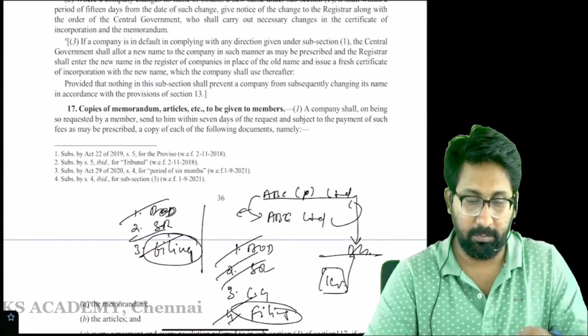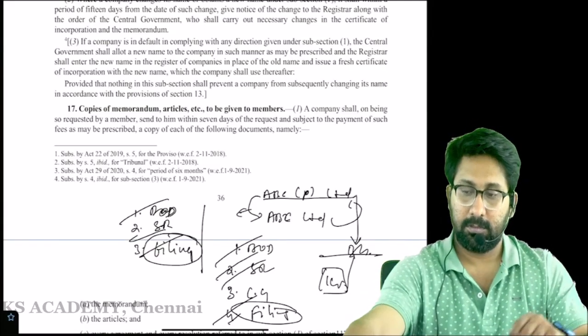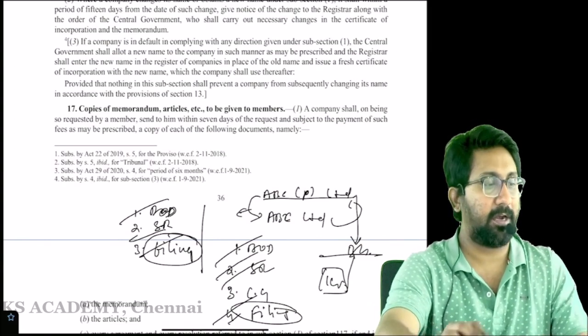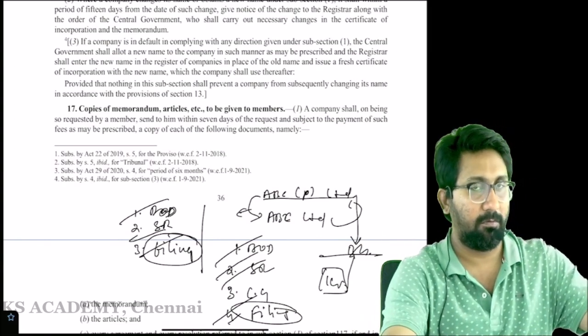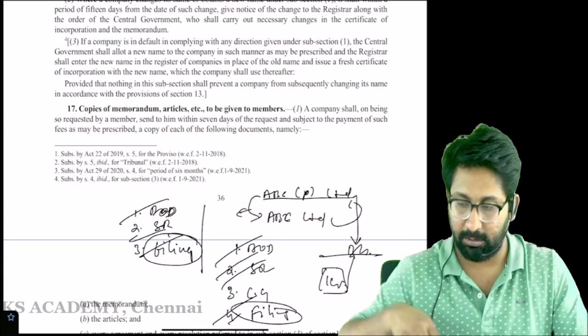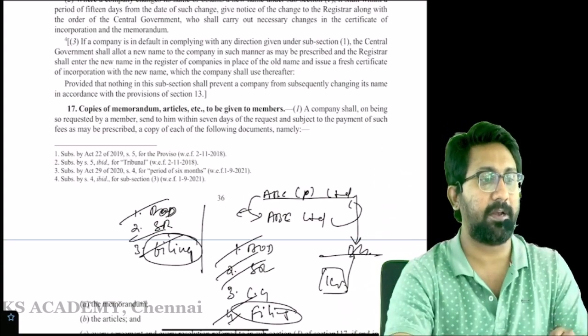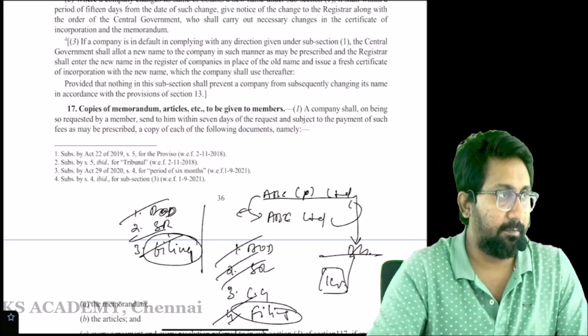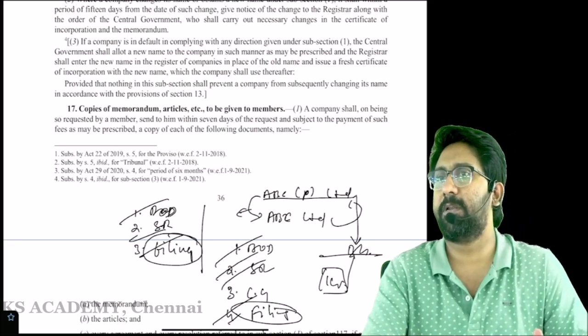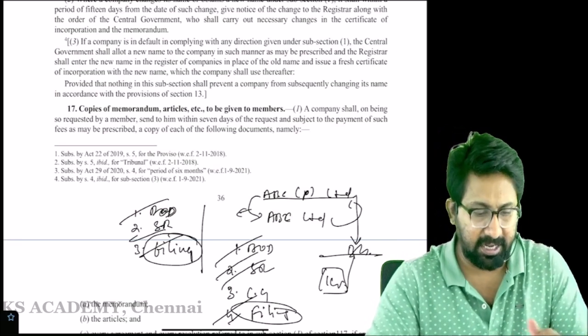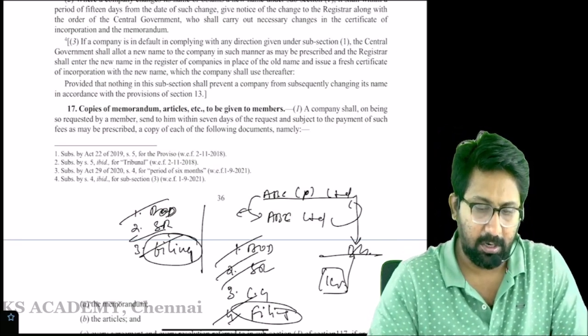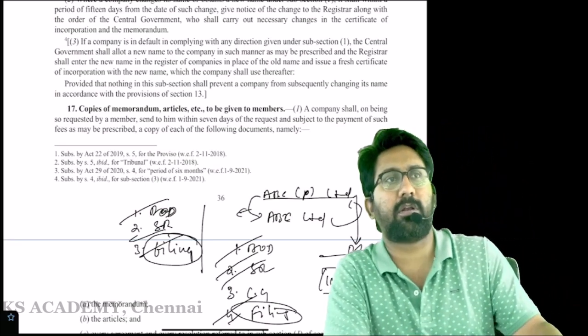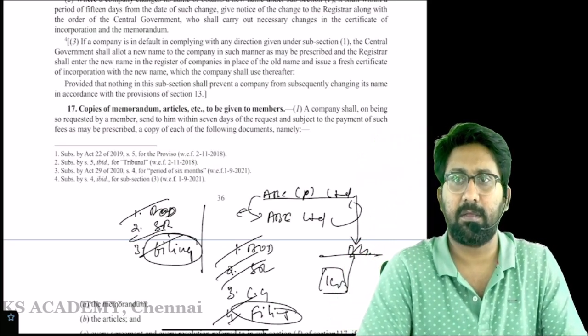So let's continue. Before the break, we completed sections 5, 14 and 18. So everything has been completed in that. Next, we are coming to the area of discussion called doctrines under the Companies Act.